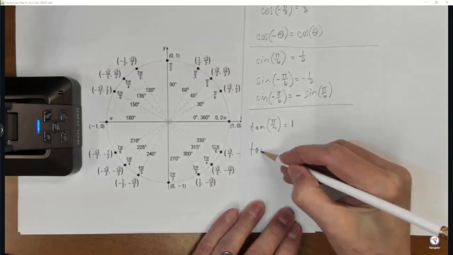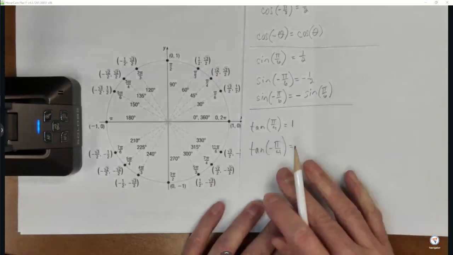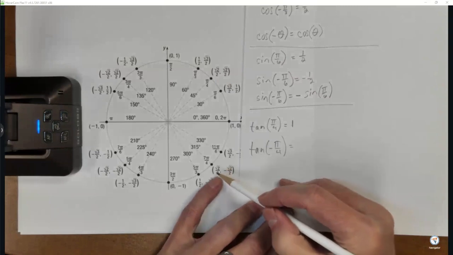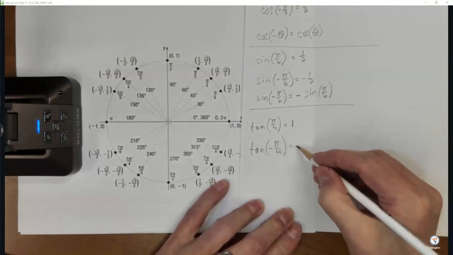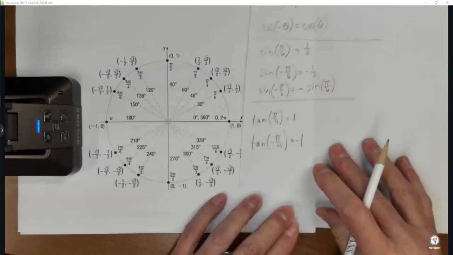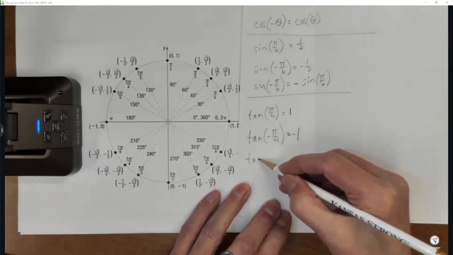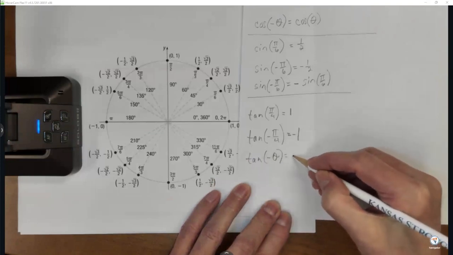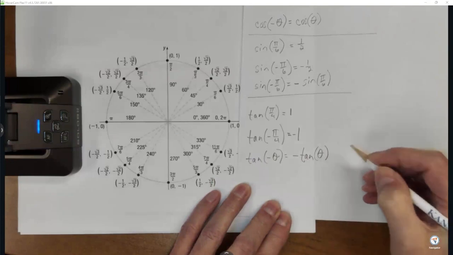But the tangent of negative pi over 4 is equal to this number in the negative divided by the same absolute value. So that's a -1. Okay, so we can see that it's got that odd behavior, and a tangent of a negative theta is equal to negative of a tangent of theta.